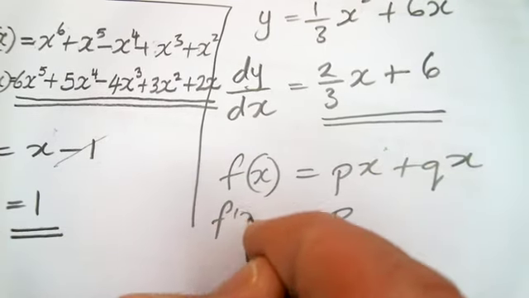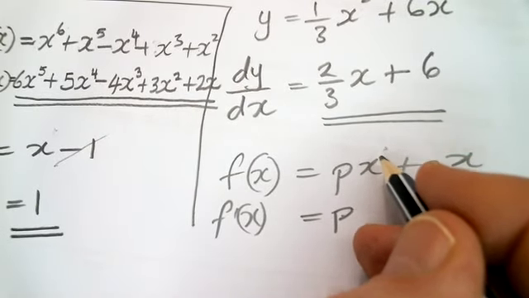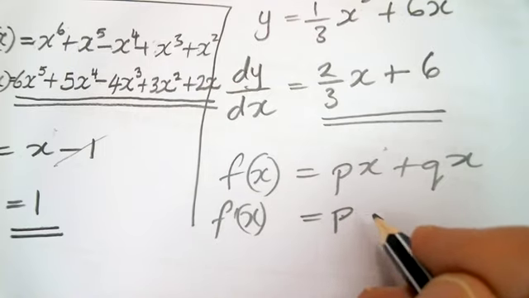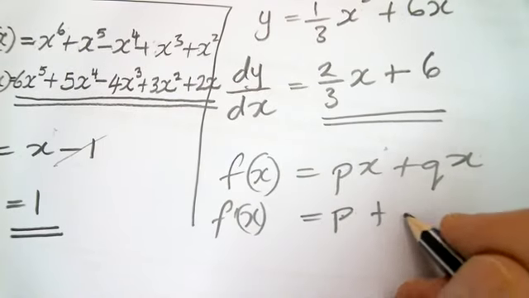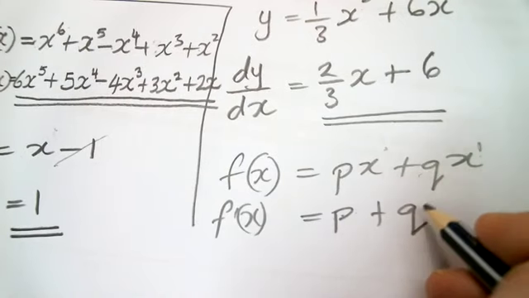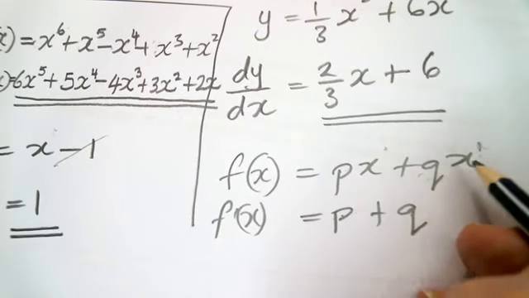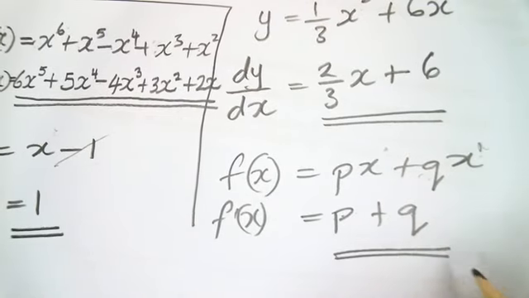So f prime x is going to be p, and the power becomes a 0. x to the 0 is 1, so it's p times 1 is p, plus, and this is going to be the same. It's going to be a q, because q times the power, which is 1, is q. The power becomes a 0, which makes x to the power of 0 equal to 1, and q times 1 is q. And there is our solution.